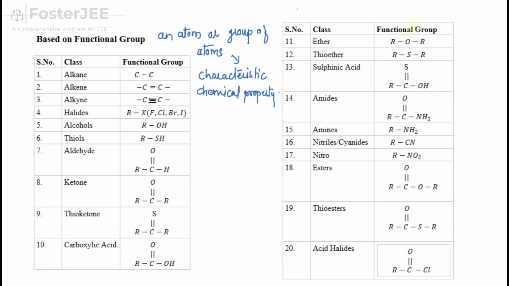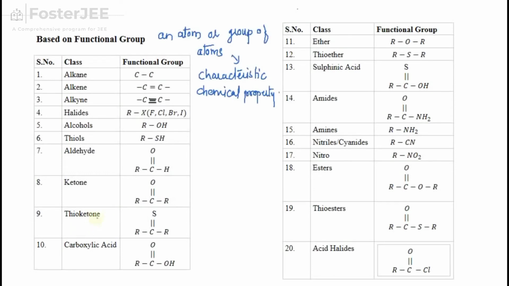So here the functional group is SH. Now the next is aldehyde. Here in aldehyde the functional group is the CHO group, where the CHO group is linked with an alkyl radical. Now ketone, having CO functional group, where two alkyl radicals are linked with one CO group.